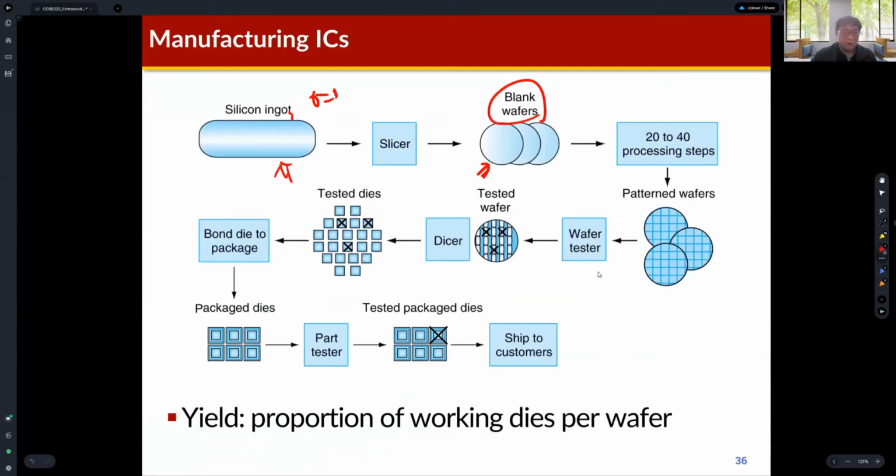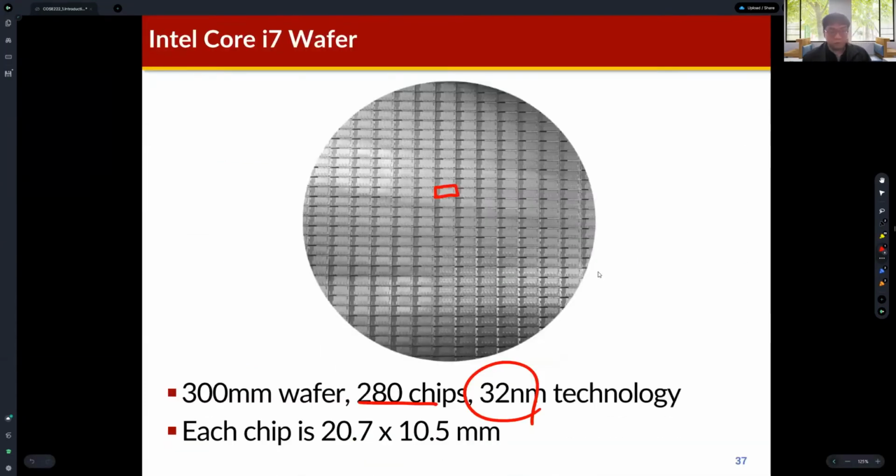Then I briefly explained how computer processors are implemented from silicon wafers. It's also somewhat common sense. This is a photo of the Intel i7 wafer dies. These are silicon wafers.